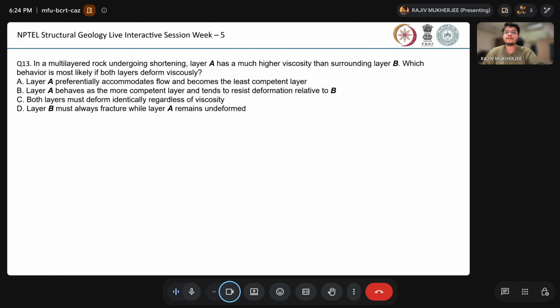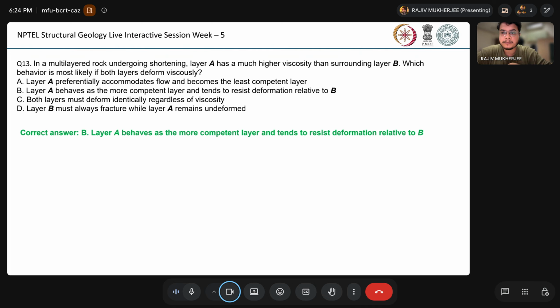Okay, so the correct answer is option B. Layer A behaves as the more competent layer and tends to resist deformation relative to B, right? So obviously the deformation ultimately is a function of the viscosity contrast between multiple layers when there is a multi-layered rock undergoing deformation, right?